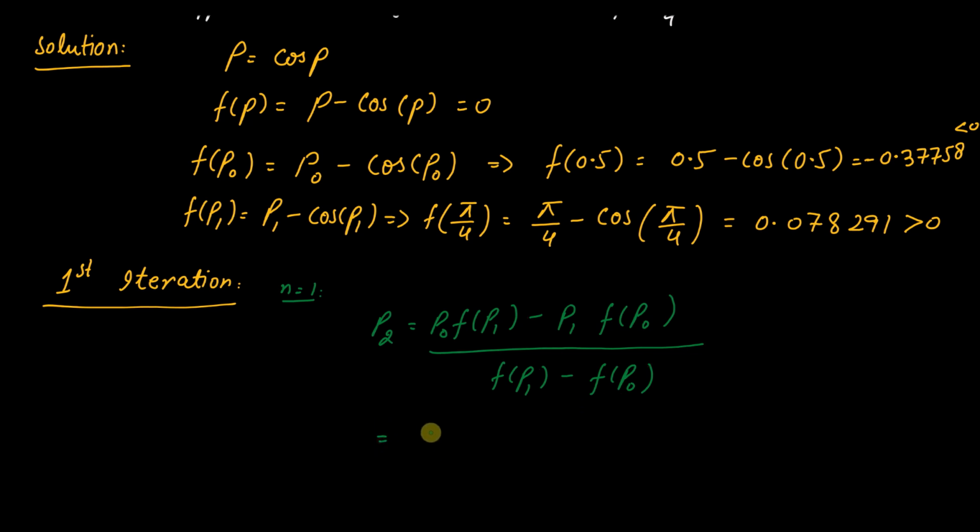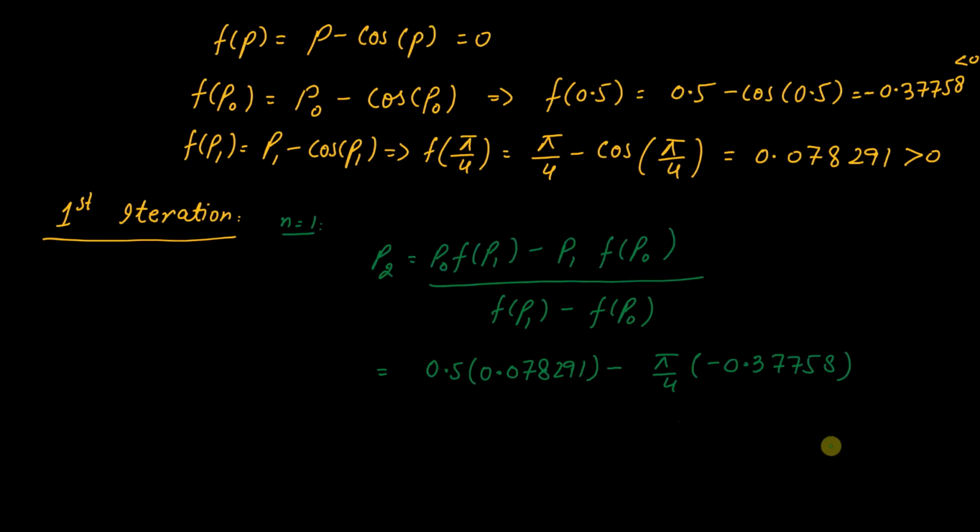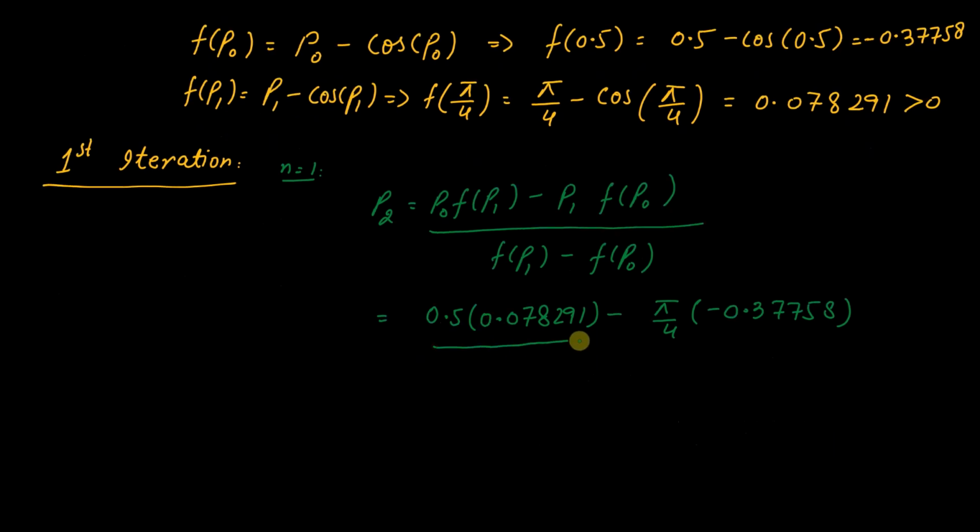We have P naught equal to 0.5, f of P1 is 0.078291, P1 is pi by 4, and f of P naught is negative 0.37758. In the denominator we have f of P1, 0.078291, minus negative 0.37758. So we need to simplify it.